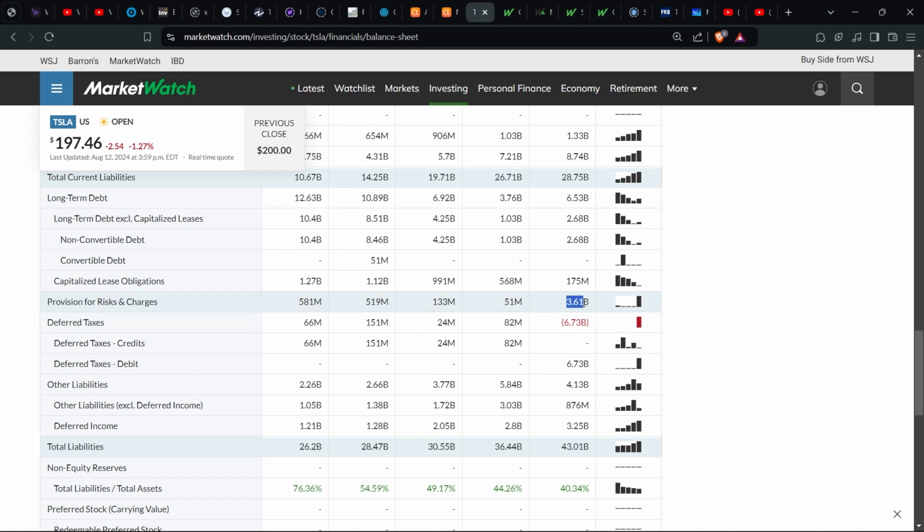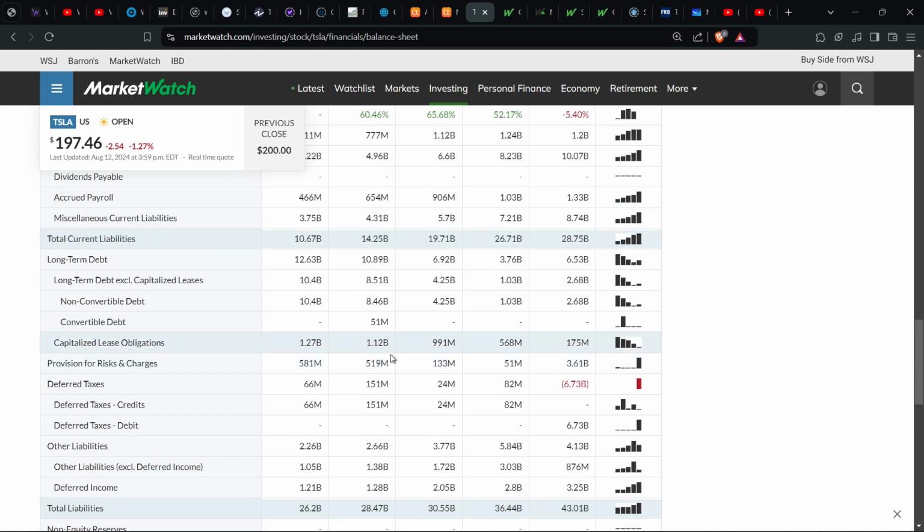You see, this is $3.61 billion, and it's quite a lot. It's a lot more than even these other ones. Essentially, this is an expense that they might incur, but not in the short-term foreseeable future.